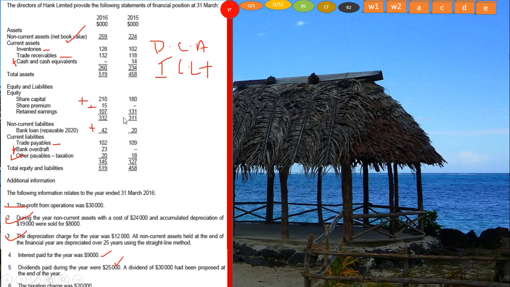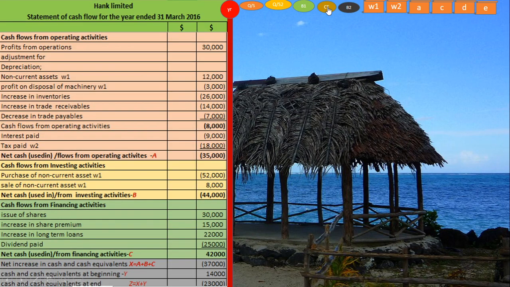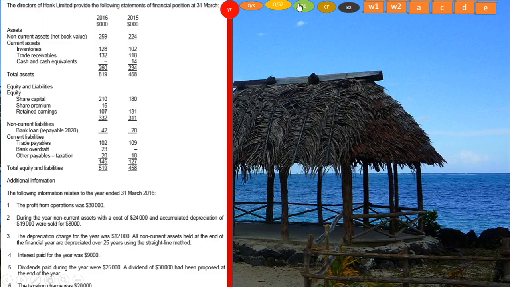So now for this retained earning, you don't need to do anything because it's already set here. Dividend paid in the year is 25,000. If it was not given, you need to make a ledger and calculate the missing figure. So since dividend paid is already here, we don't have to worry about it. So that finishes your cash flow calculation as your final answer.